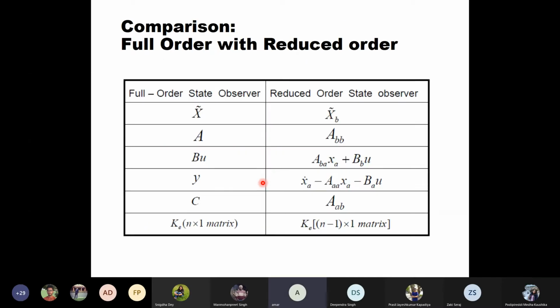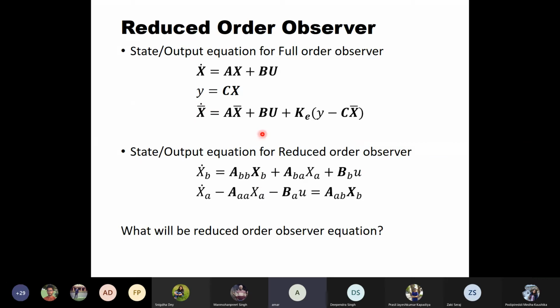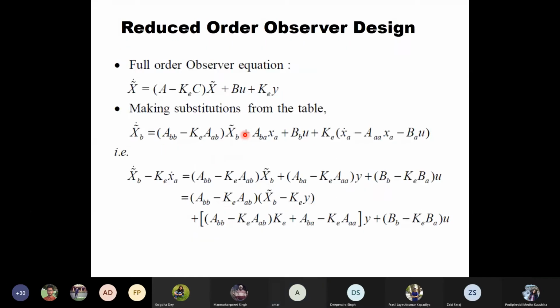If it is so, then based on these full order state observer equations, I can write these reduced order state observer equations. Then x hat dot will be (A minus K_e C) x hat plus B u plus K_e y.